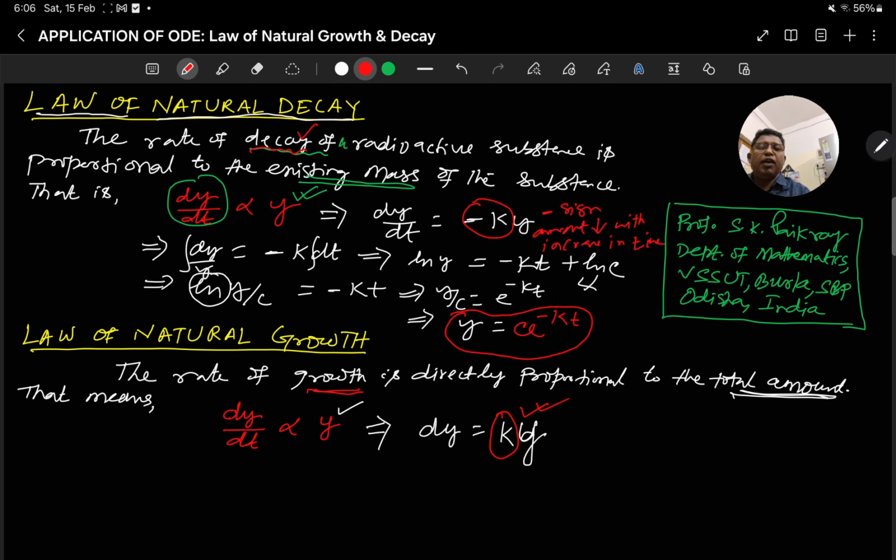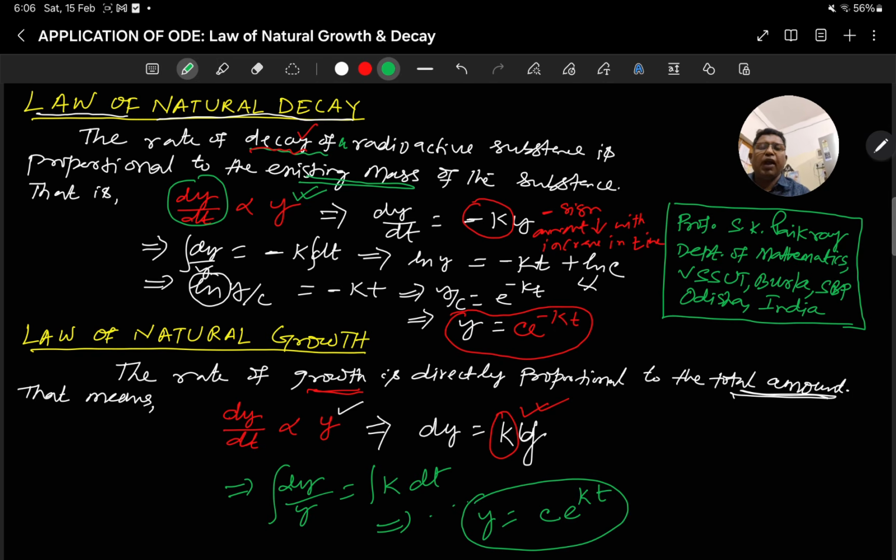If we simplify it, dy by y is equal to k dt, and if you integrate it, you will get y is equal to c e to the power kt. So this is the law of natural growth and the law of natural decay.